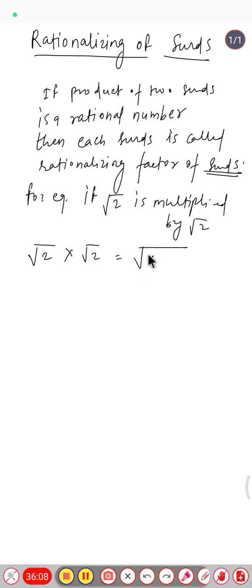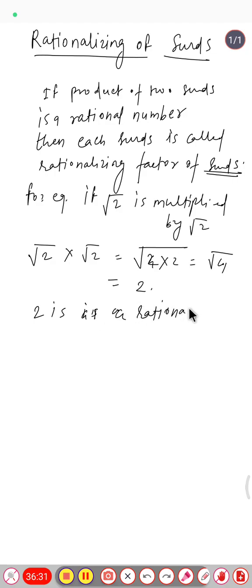We solve this, 2 into 2 becomes root 4. As we know, the square root of 4 is nothing but 2, which is a rational number.